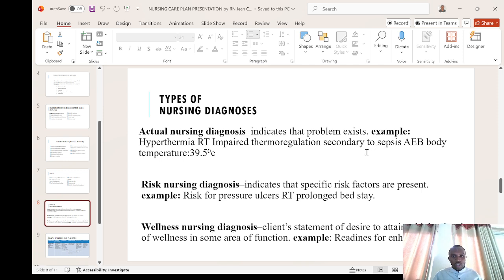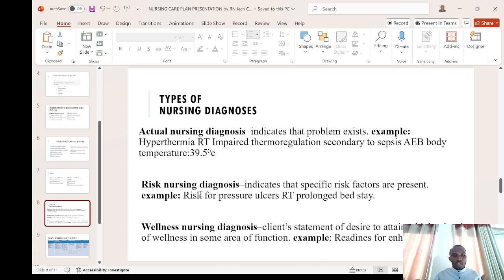As a medical diagnosis, it will be an indicator of this raised temperature. Then you show as evidenced by, like a proof, something that is showing that there is hypothermia. It's an evidence, a measurable one, a temperature of 39.5. So you will address it accordingly, but this is an actual problem the patient is having.